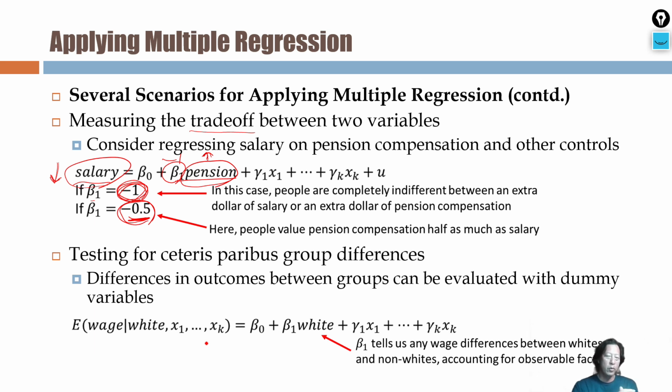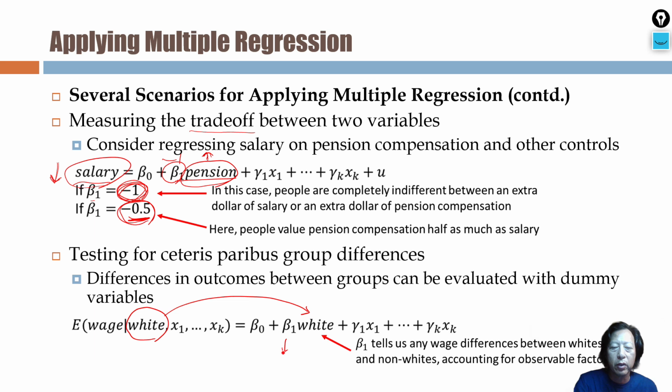People believe that there is some kind of discrimination between white people and black or colored people. So if you really want to know whether white people get a higher wage even if they have the same education, the same background, the same experience, the same ability, and so on, you can plug in those factors.